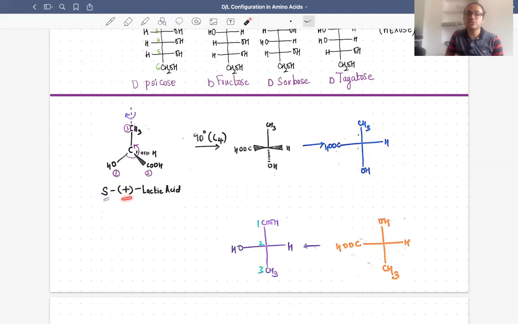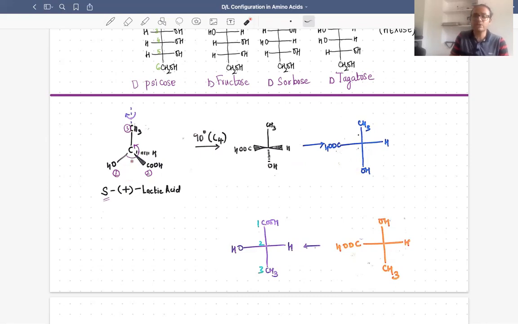So this S isomer is the dextrorotatory isomer of lactic acid. Okay. So as I told you in the previous video, in order to assign the capital D and capital L configuration, it is mandatory that you write this structure in the Fischer projection. So the first step, if you are given a wedge dash formula, is to convert it into a Fischer projection formula.